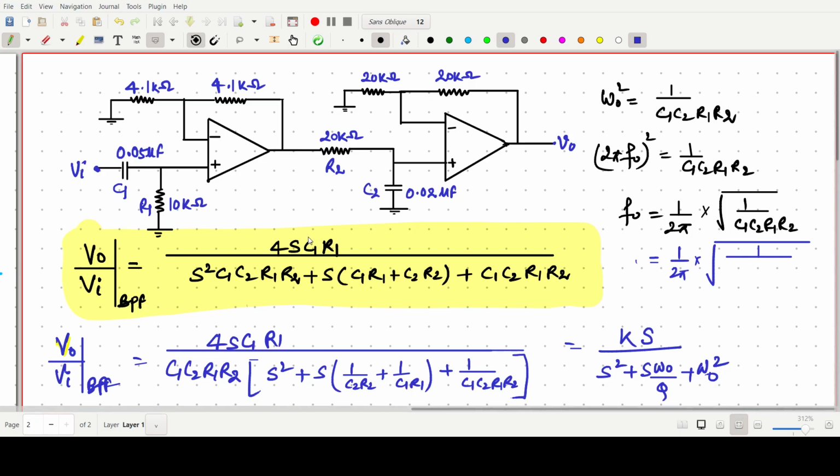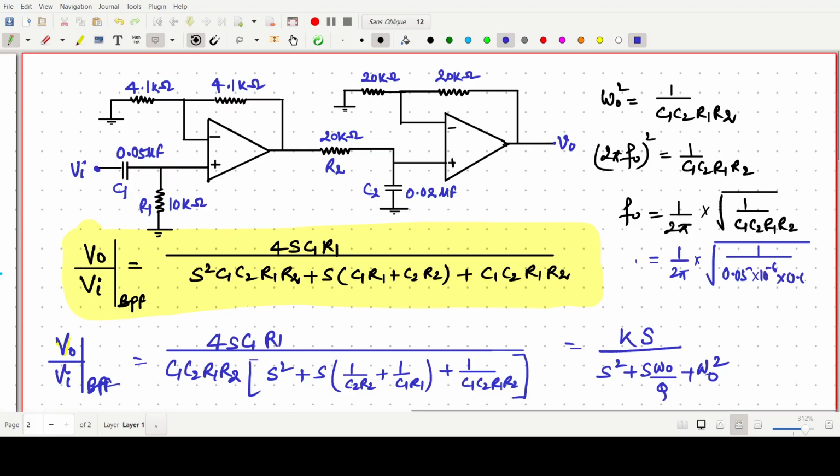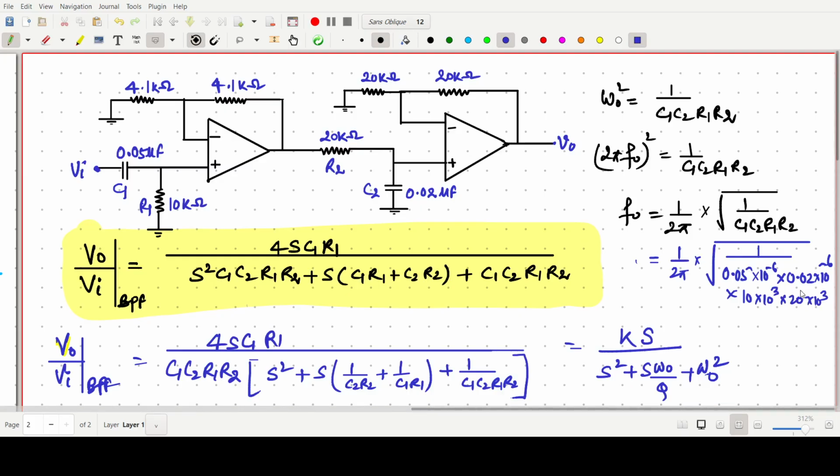So now C1 is 0.05 into 10 to the power minus 6. C2 is 0.02 into 10 to the power minus 6, into R1. R1 is 10 kilo, so 10 into 10 to the power 3, and 20 kilo is 20 into 10 to the power 3. So we have to solve this one.